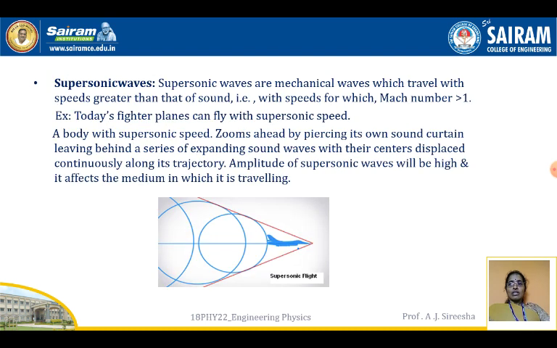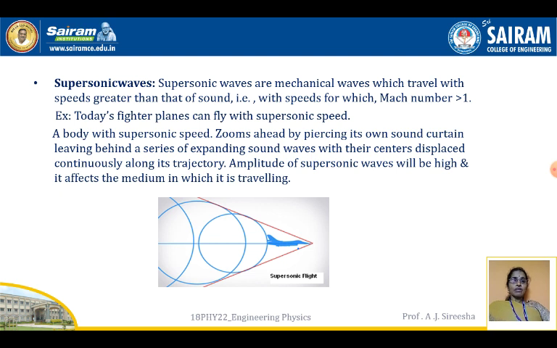Next, coming to the supersonic waves. Supersonic waves are the mechanical waves which travel with speeds greater than that of sound, that is, with speeds for which the Mach number is greater than 1. For example, today's fighter planes can fly at supersonic speed. This implies the speed of a fighter plane is very high when compared to the speed of sound.